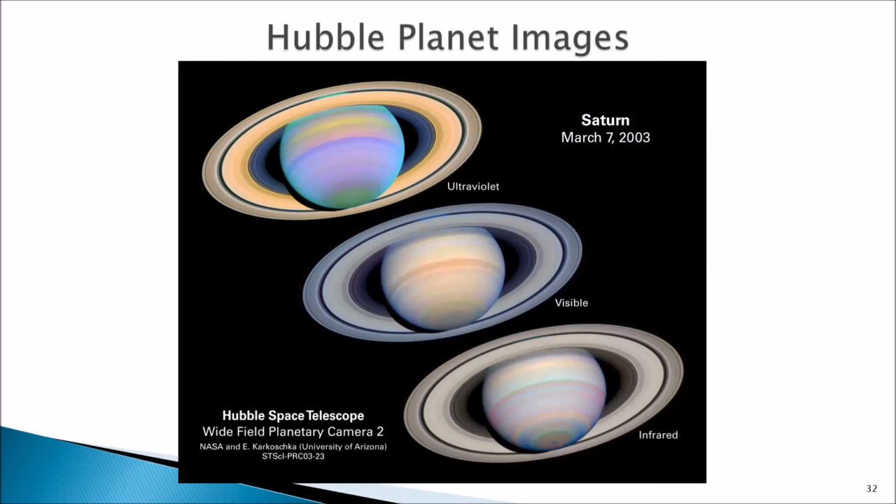Here's Saturn taken with 3 different portions of the spectrum: ultraviolet, visible, and infrared. And they gather different information from each of these different photographs.